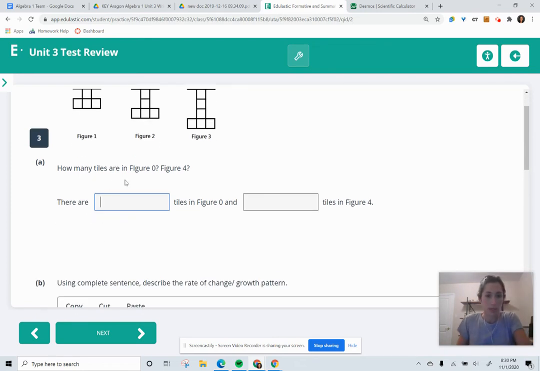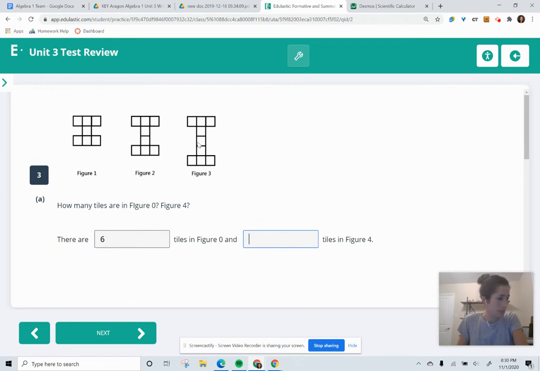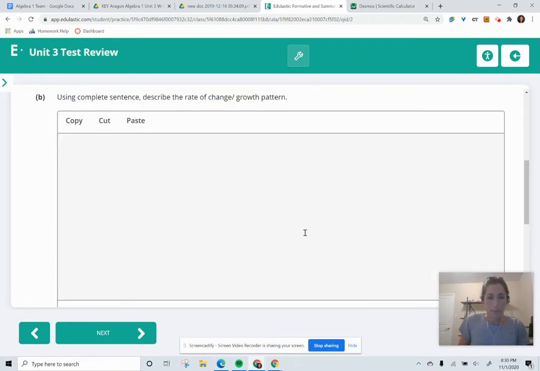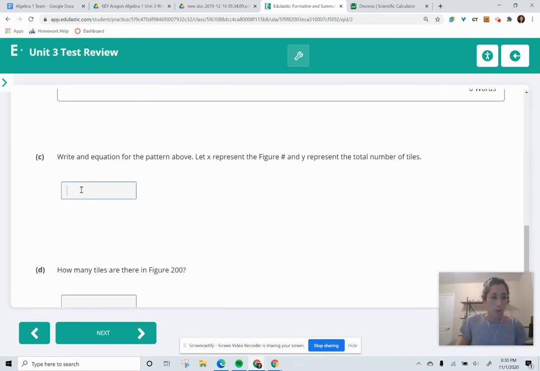We had 6 tiles in this one, and we had 10 tiles in this one. Y equals x plus 6. That's because our growth rate was 1, so it's okay to put 1x here as well. You don't have to. And then our first figure 0 had 6 tiles.